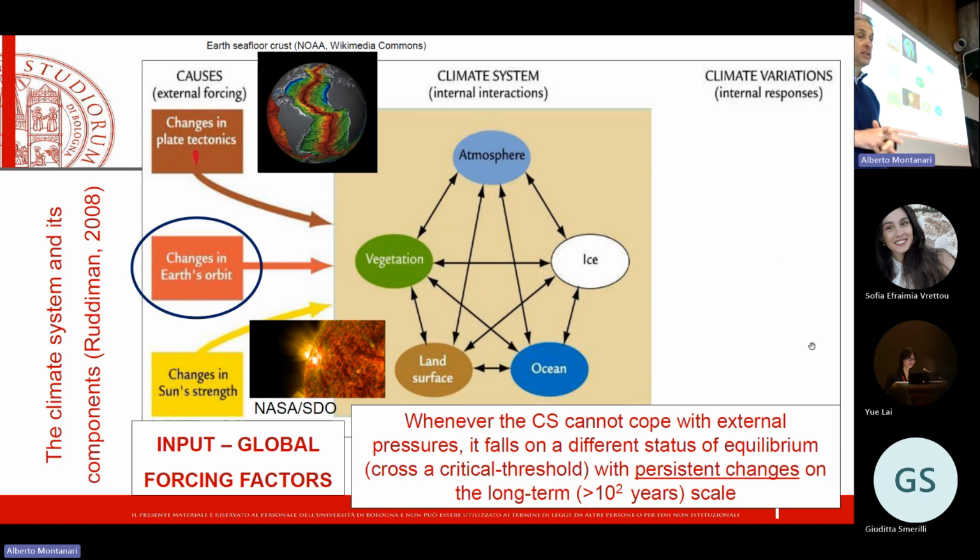And also you see that the climate is the result of a very complicated interaction between the atmosphere, ice, ocean, and surface vegetation. If there is a perturbation of one of these arrows, bidirectional by the way, if you break one of them, or if you limit the power of one of them, then you get a global perturbation. And it's not easy to come to an attribution.